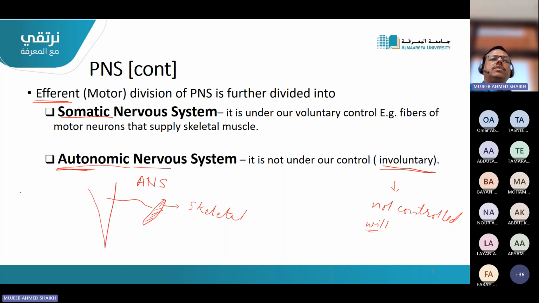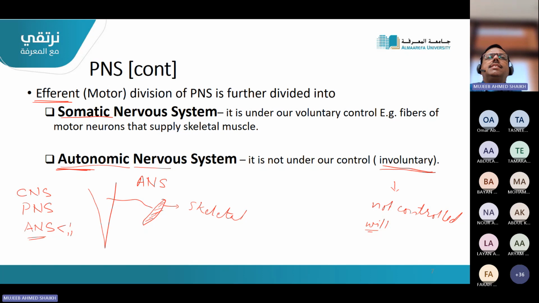So up till now you have seen the CNS, central nervous system, the PNS, peripheral nervous system, and the ANS, autonomic nervous system, which we will discuss in detail in two lectures after this introduction. The autonomic nervous system is not in our control, usually controlling the internal organs of the body.